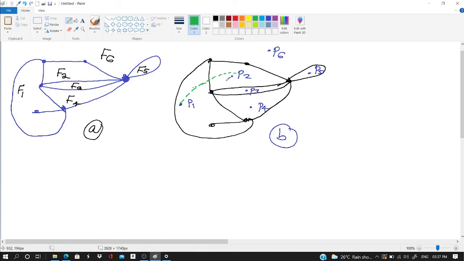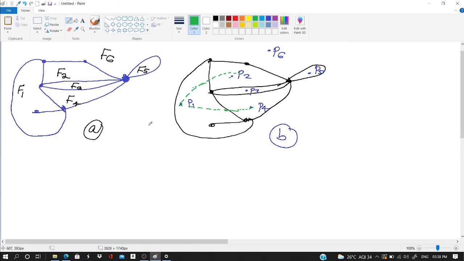Then F3, is there any common region? No, there is no region between F1 and F3. Then F1 and F4. So P1 to P4. We want to mark the edge.